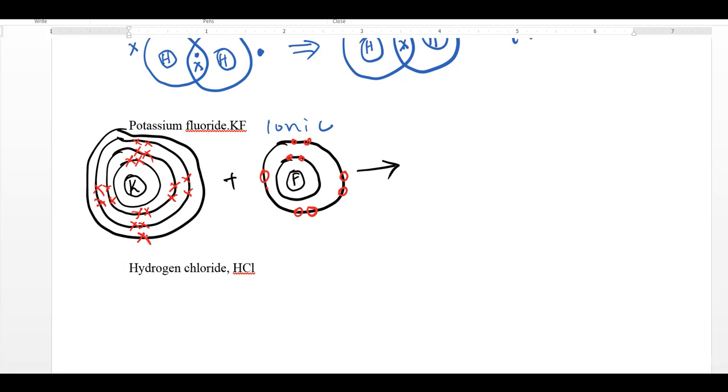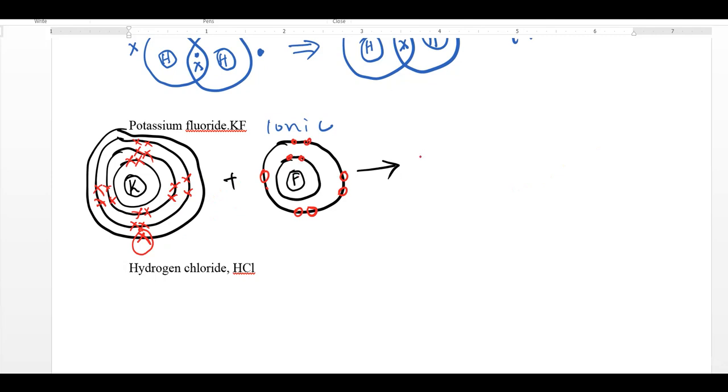So potassium will lose this 1 electron, and it will be taken by fluorine, right? So the outermost energy level of potassium disappears. This electron has been lost from potassium. That is what we call transfer of electron from one element to another.